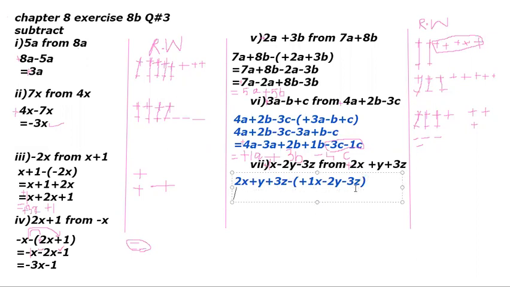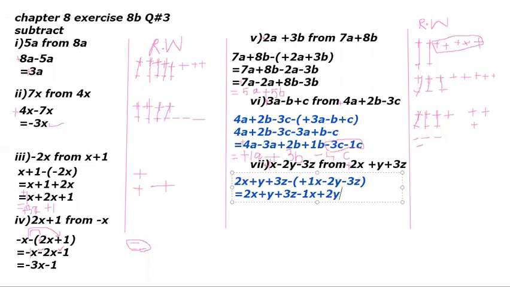Now the next step is we will remove the parentheses, and before removing the parentheses we will multiply the signs. 2x plus y plus 3z. Now multiply the signs. Negative sign multiplied by positive sign will give us a negative sign, negative 1x. Now again, negative sign multiplied by negative sign always gives us a positive sign, positive 2y.